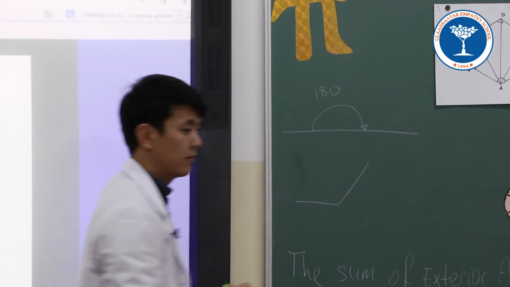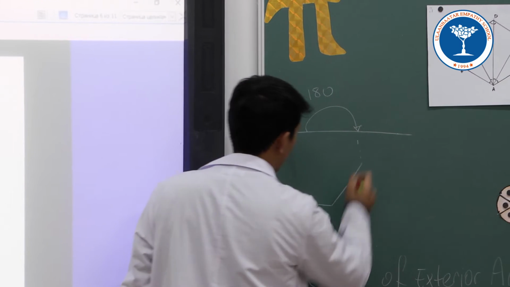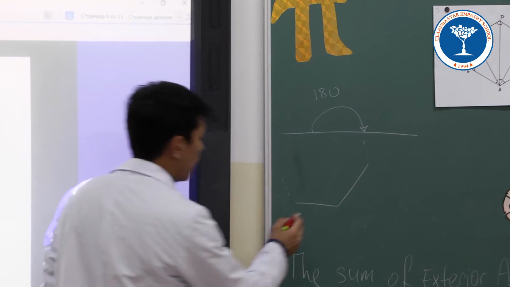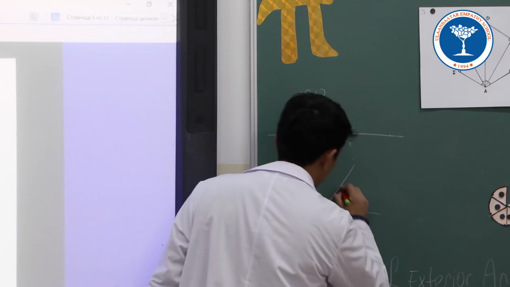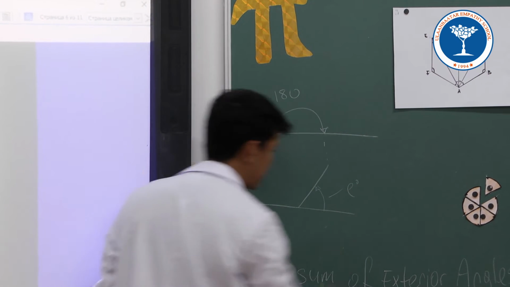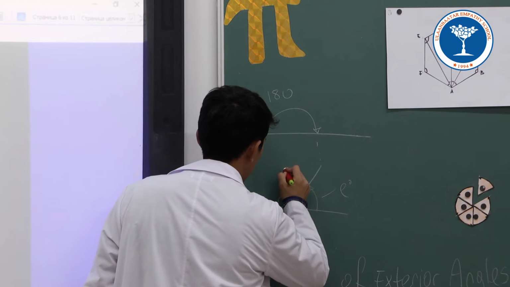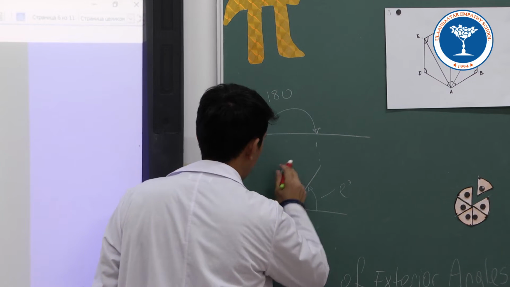Now, in polygons, we have these sides. Am I right? And this is one part of a polygon. Now, if you extend this side, this angle is called the exterior angle, yes? And this angle is called the interior angle.